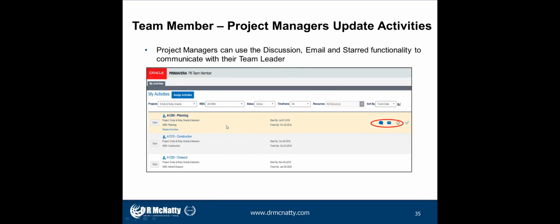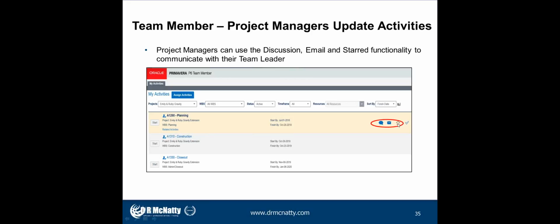So all of these activities, when the project manager is logged in, there's a discussion tab. Anyone that's familiar with P6 Professional knows that you can use the discussion tab to create a discussion between people that have access to the same project and activities. There's an email functionality.